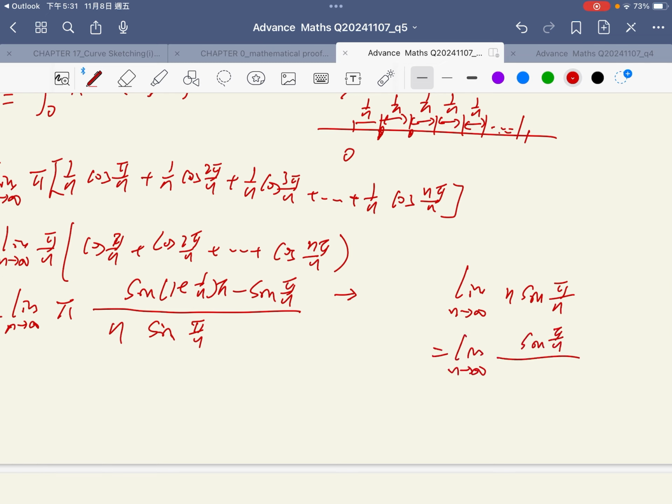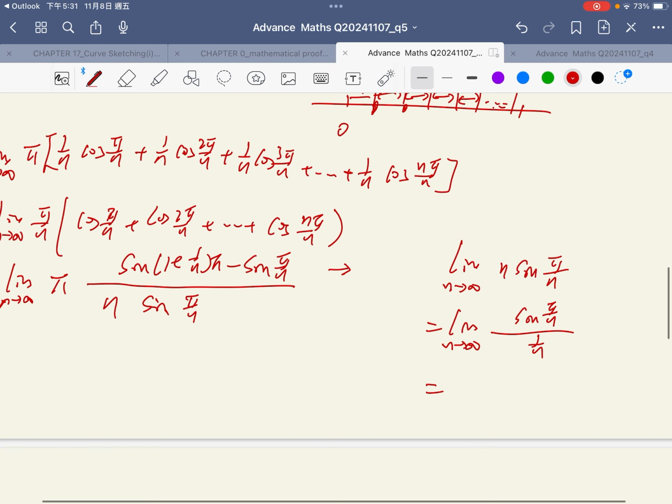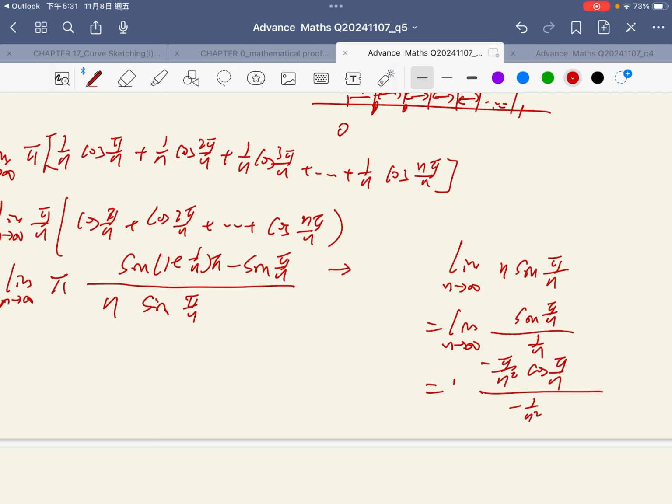I use L'Hospital's rule. By L'Hospital's rule, the numerator is pi over n squared cosine pi over n, and the denominator is this one. The n squared cancels and the negative also cancels.